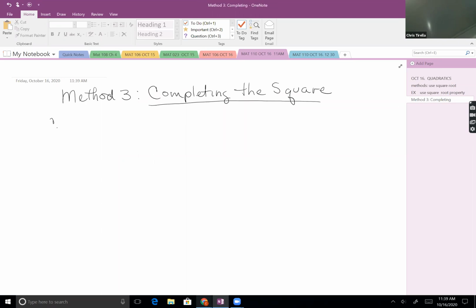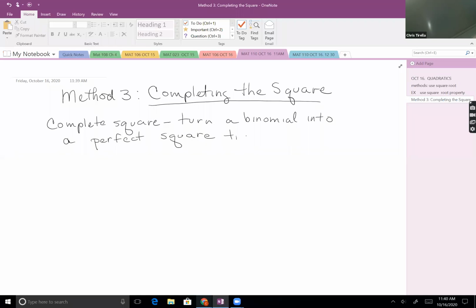But when I complete a square, what I want to do is turn a binomial into a perfect square trinomial by adding a constant.